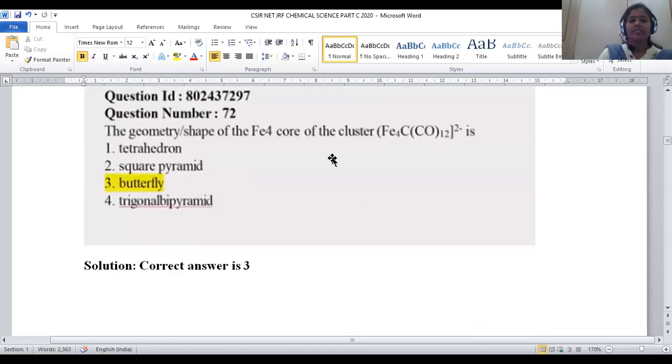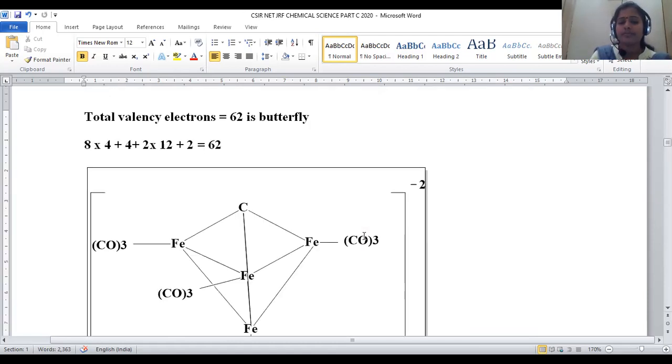Let us enter into question number 72. The geometry or shape of the Fe4C(CO)12 2- cluster will be. Here the cluster is given, where we have 4 iron atoms, 1 carbon, and 12 carbonyl groups within the molecule.